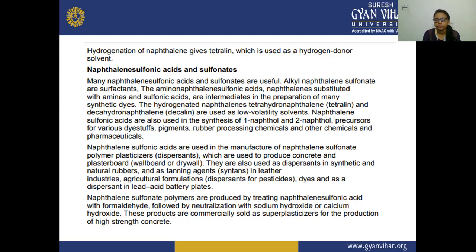These are also used to produce concrete and plaster board, that is your wall board or dry wall. So these naphthalene sulfonate polymer plasticizers are used as a dispersant and dispersing agent.